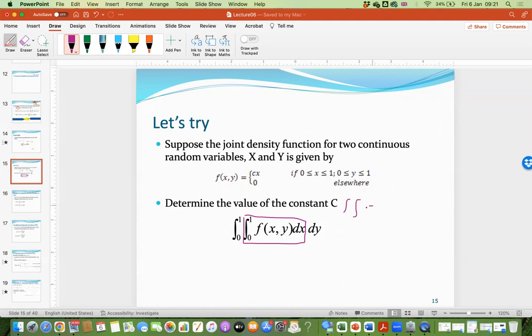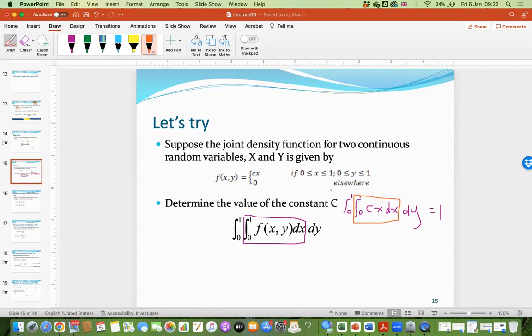So the integral of cx dx dy, with limits 0 to 1 and 0 to 1. I integrate first, and I know that the total equals 1.